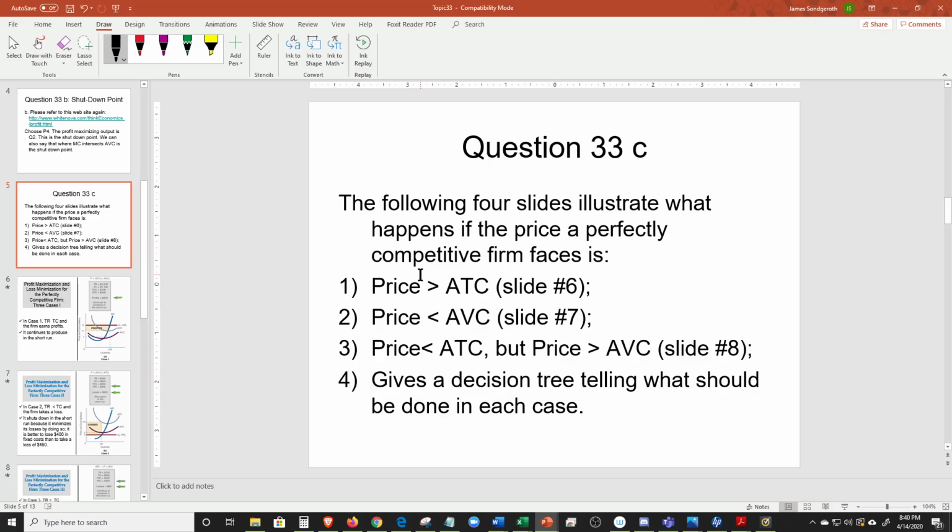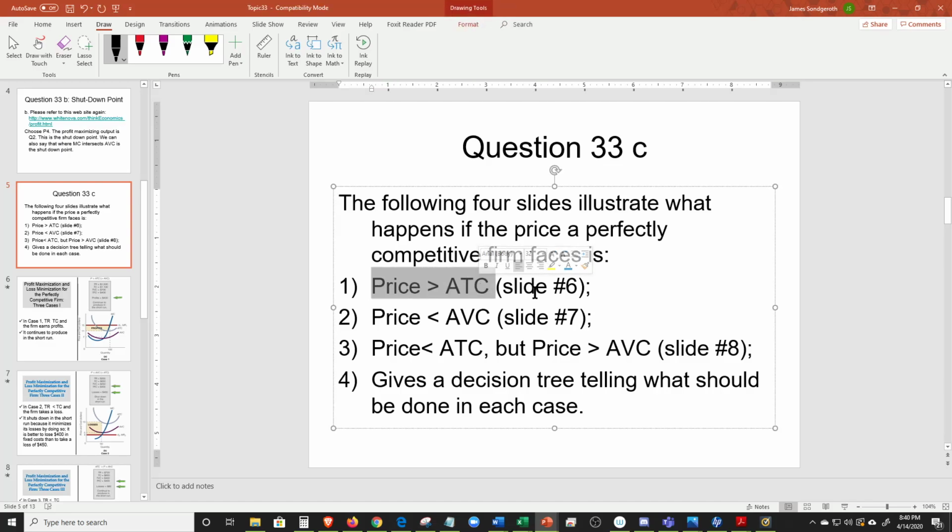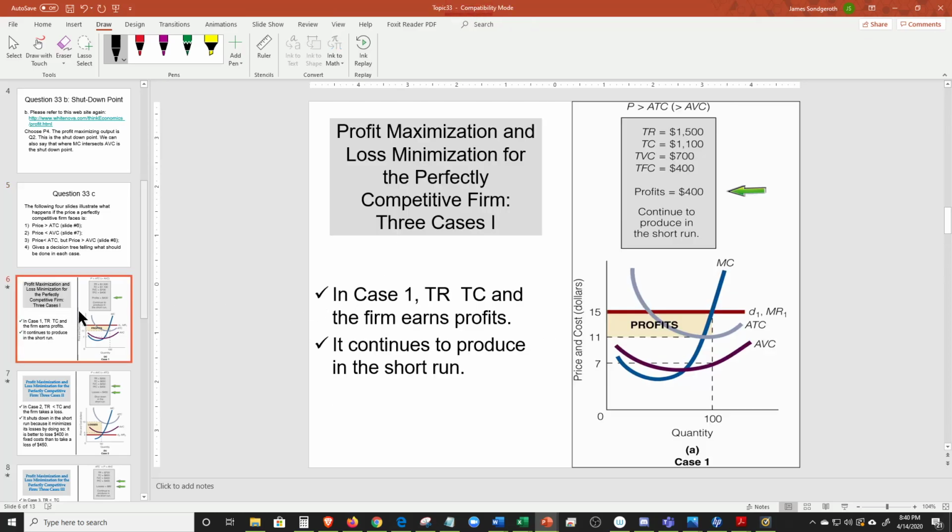Okay. So when the price is greater than average total cost, slide 6, well, the firm is going to be making a profit. Let's go to it. So here you can see the price. This is marginal revenue, which tells you the price is 15 in this competitive situation. So marginal revenue equals marginal cost at 100 output. And total revenue is 100 times 15.